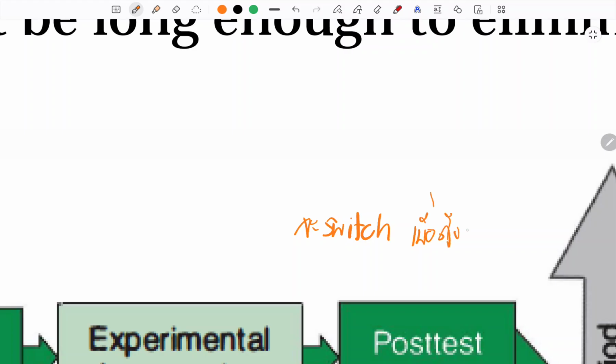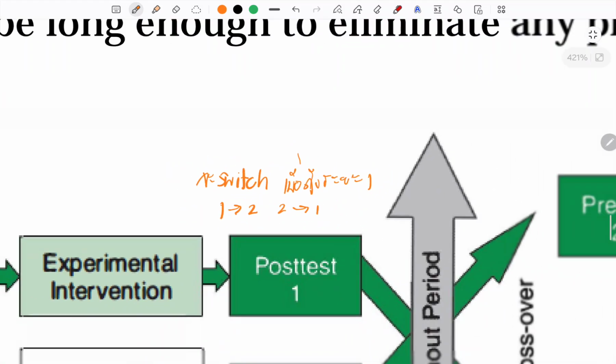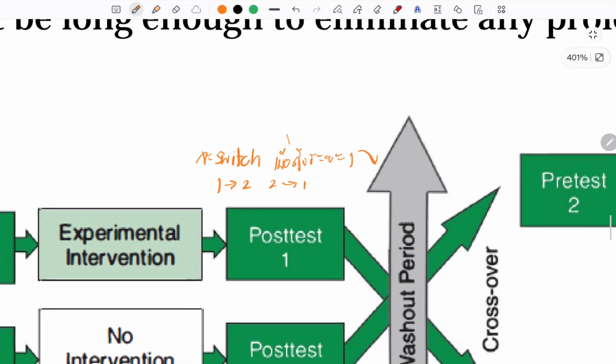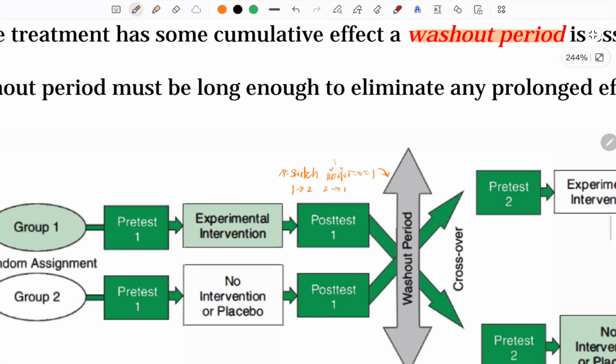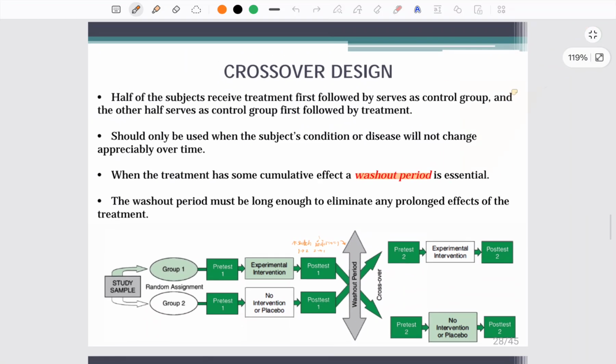So group 2 during the first time will be group 1 during the second time, and for one month you conduct the post-assessment. This is called the crossover. Both groups will have the chance to receive intervention, but at different time points. Group 1 receives the intervention in the first month, and group 2 receives it in the second month.